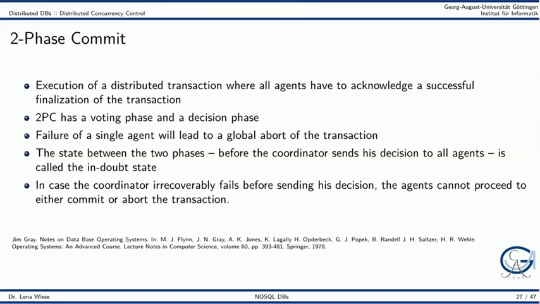A major problem of the two-phase commit protocol is that failure of a single agent leads to a global abort of the transaction. In the protocol, there's the so-called in doubt state, which is the state between the two phases before the coordinator sends his decision to all agents. If the coordinator fails during this in doubt state, the other agents cannot proceed because they did not receive any decision from this coordinator.